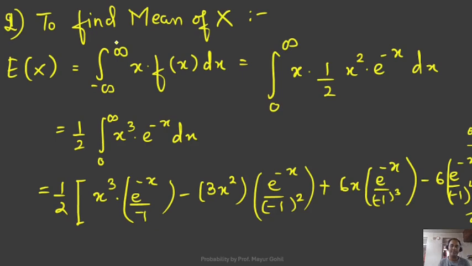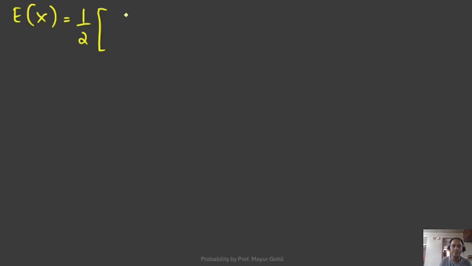On further solving of this, you get half is outside. Again the same logic is applied: wherever you see the infinity, e raised to minus x is going to go down to 0. So that's 0 there, and wherever x's are involved, the lower limit when you plug in is going to give you 0.